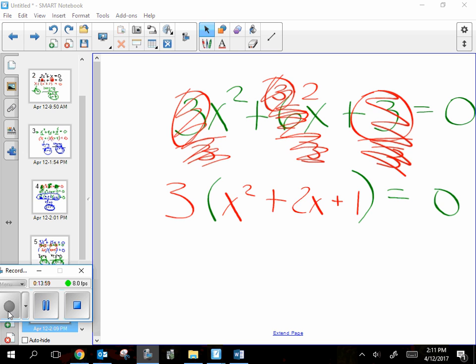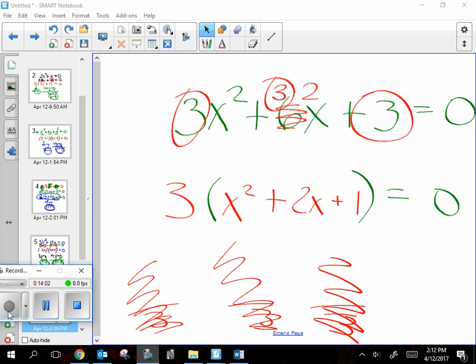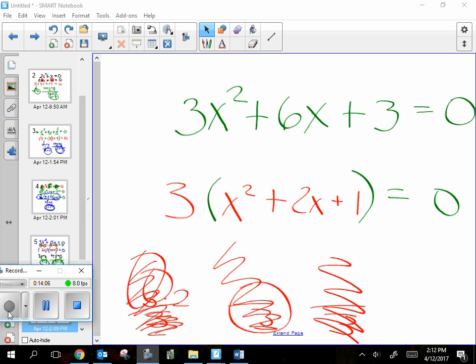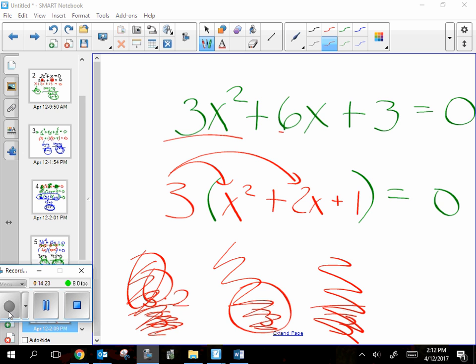Now, I know your life doesn't depend on this, but if your life depended on this answer being right, let's say it's the test, and you want to know, am I doing this right or not? You can multiply it back out and see if you did it right. Watch, 3 times x squared, 3x squared. 3 times the 2x, 6x. 3 times the 1, 3.